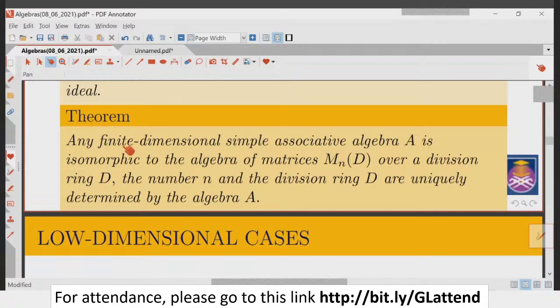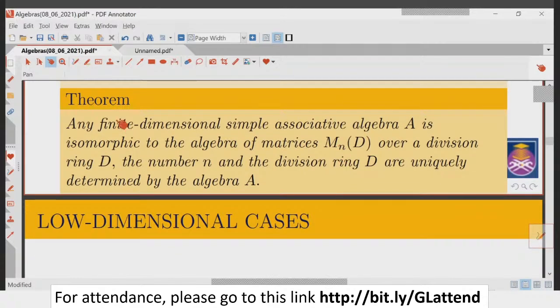So any finite dimensional simple associative algebra is given in matrix form, but the entries of those matrices are from some division ring or skew field. Now, this n and this division ring are uniquely determined by the algebra A. So if you have an algebra, you will find n and the division ring D, and this algebra will be isomorphic to this matrix algebra.